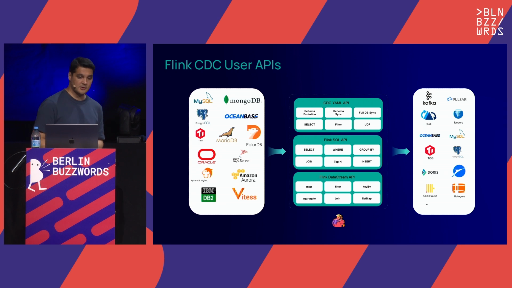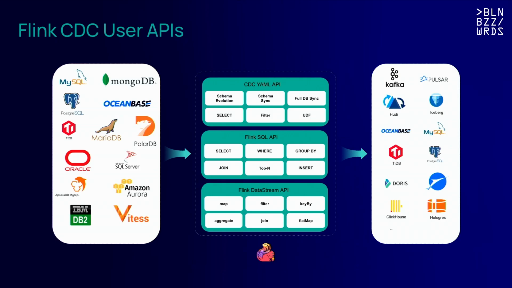Okay, let's now look into the internals of FlinkCDC, starting with the user APIs. So we have three kinds of APIs to use: YAML API, FlinkSQL API, and DataStream API. And from the recent version, 3.0, you can use the YAML API to define an end-to-end pipeline from the source to the sink.